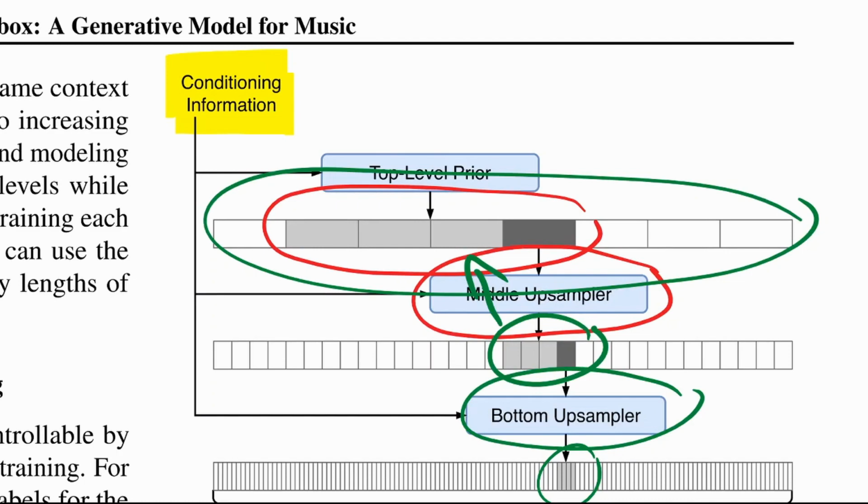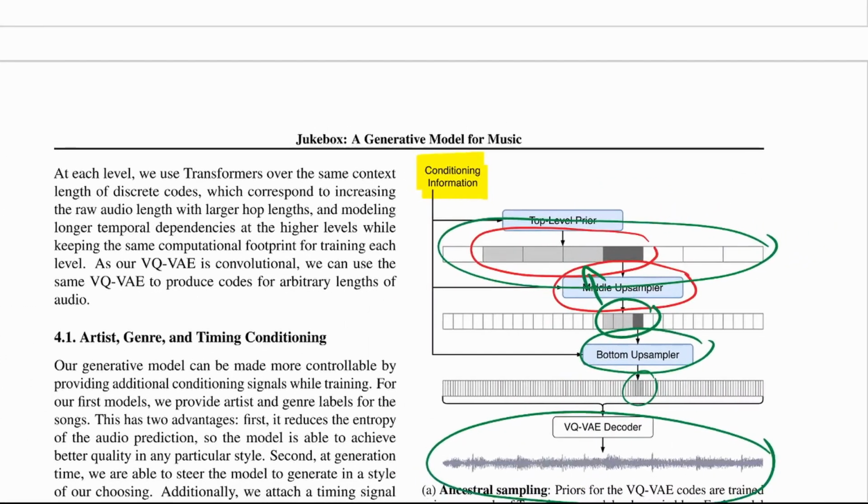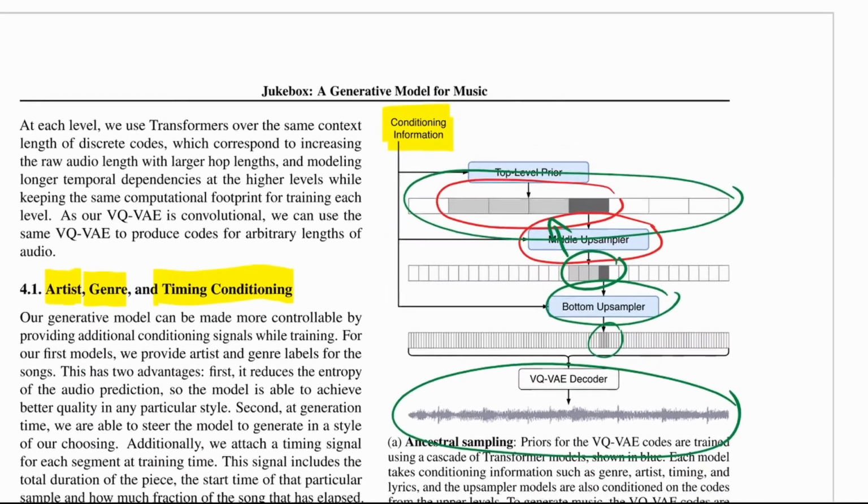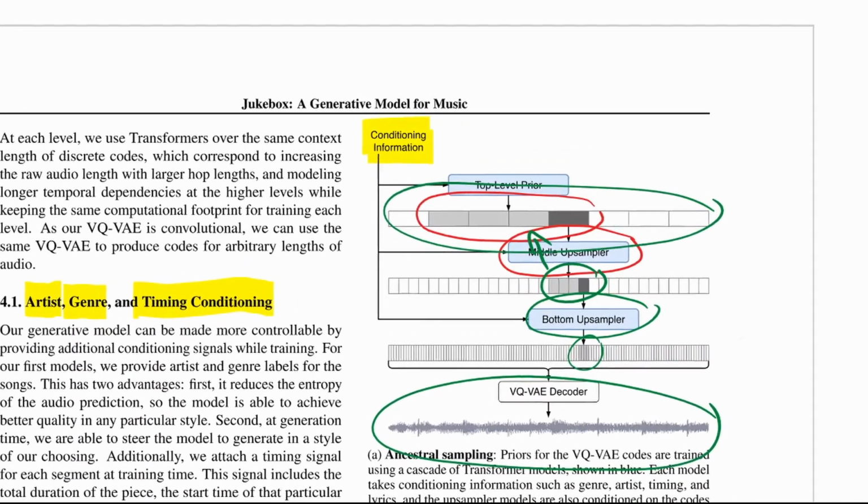Now, throughout all of this, you have conditioning information here, which is a bit of an addition to the model. So the conditioning information can be things like artist, genre, and timing. And this appears to be pretty important because first of all you want some variety, and second of all you sort of want to control what music is produced.